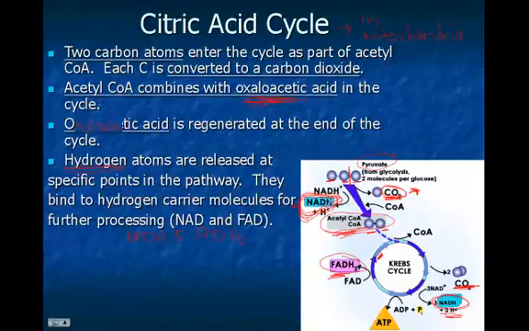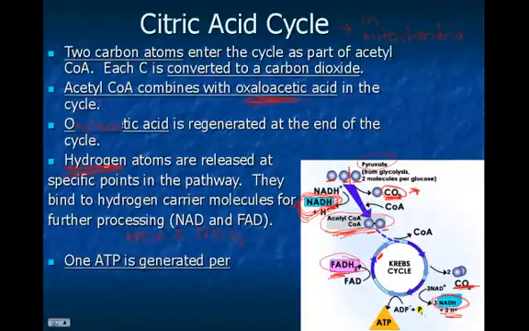And again, these electrons are carried in these hydrogen atoms. So that's basically how our energy is passed on. Now these carrier molecules are going to be carrying that electron in the form of hydrogen. And then we're going to talk about what we use that hydrogen for in just a minute.